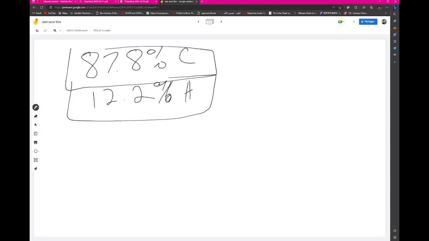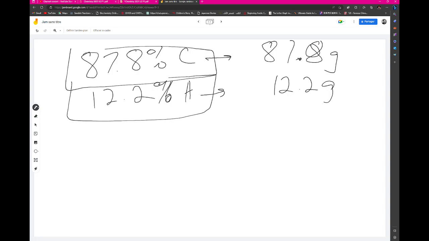If 87.8% of the compound is carbon, then that must be the mass of carbon, and if 12.2% is hydrogen, that must be the mass of hydrogen. So we can translate it directly into the mass in grams: 12.2 grams.